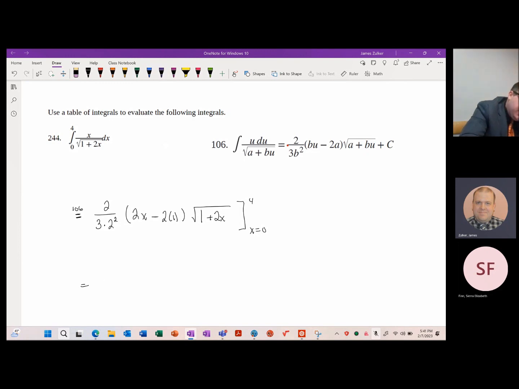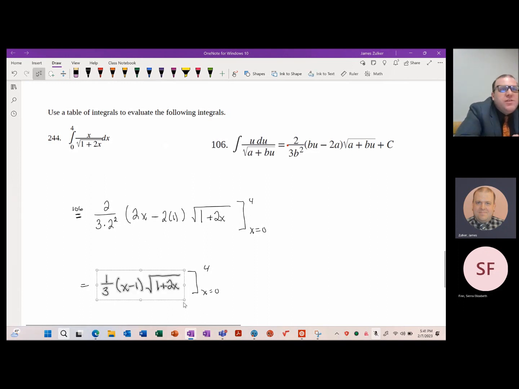Ooh, I can also factor out that 2. That's nice. So that becomes 1/3 times x minus 1 times the square root of 1 plus 2x, x equals 0 to 4. This would be the antiderivative of the integrand. Now we're just evaluating that from 0 to 4.